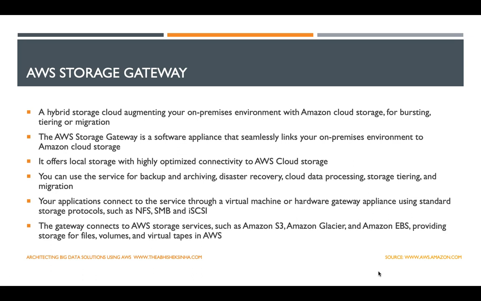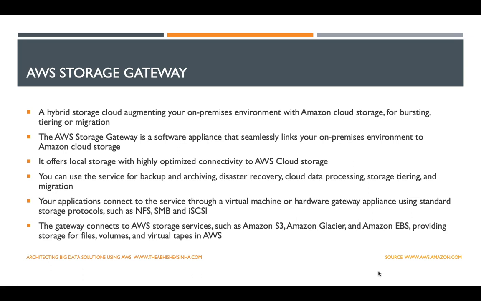As I mentioned, lots of things happen at the backend. If you are trying to access older data which has been archived in Glacier using the AWS Storage Gateway, it might take some time. However, if it is in S3, it gets retrieved quickly, and if you are using a certain amount of data very frequently, that data will get cached on the virtual machine appliance and can be accessed very optimally and quickly.